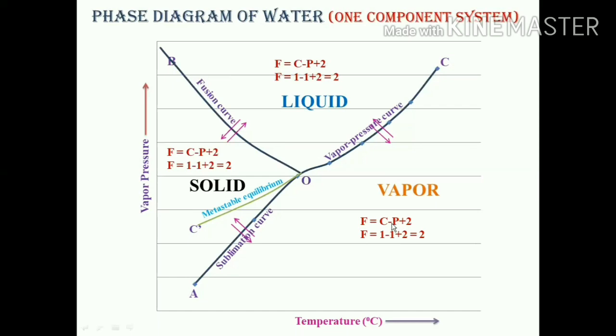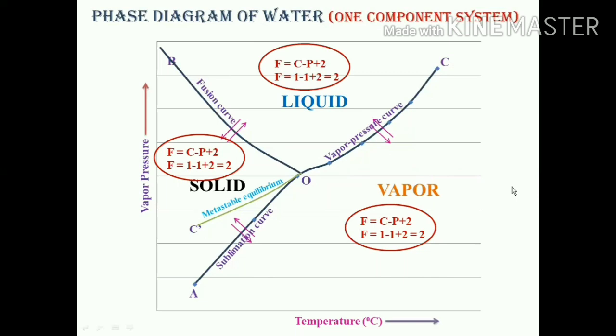The number of phases is only the vapor phase which exists in the entire area. You have just one single phase. So here also the value of degrees of freedom comes out to be 2. It is 2 in this area, it is 2 in this area, and it comes out to be 2 here also.